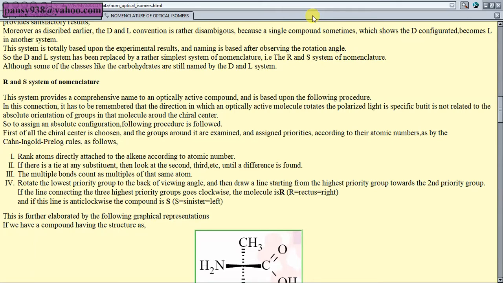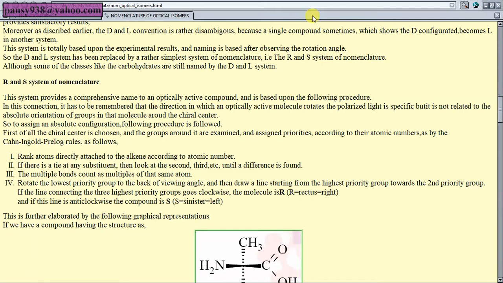In this connection, it has to be remembered that the direction in which an optically active molecule rotates the plane of polarized light is specific but is not related to the absolute orientation of the groups in that molecule around the chiral center. So, to assign an absolute configuration, the following procedure is followed.